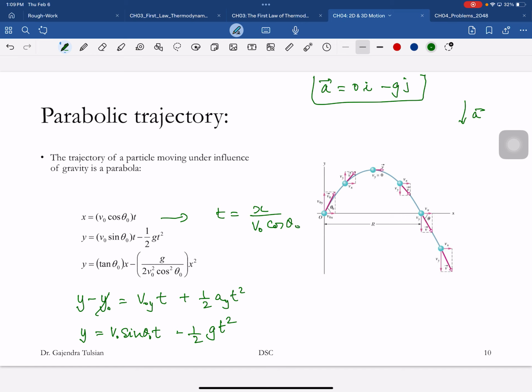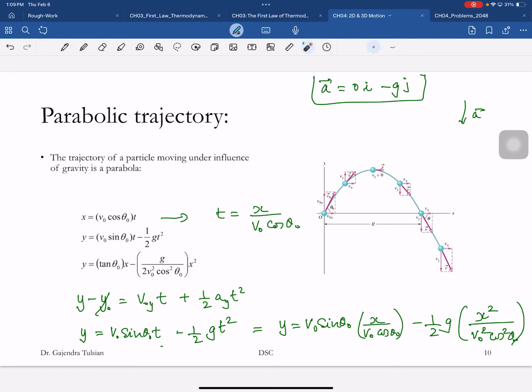So we substitute that here. y equals v naught sine theta naught times x over v naught cosine theta naught, minus 1/2 g x squared over v naught squared cosine squared theta naught. There it is. y is a quadratic function of x.